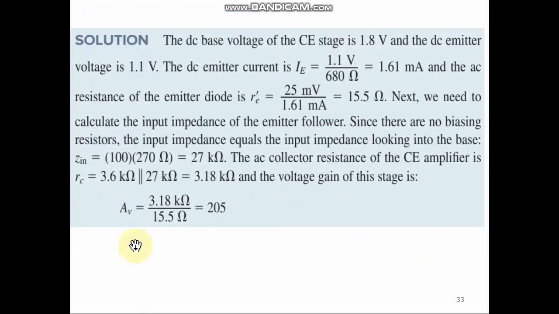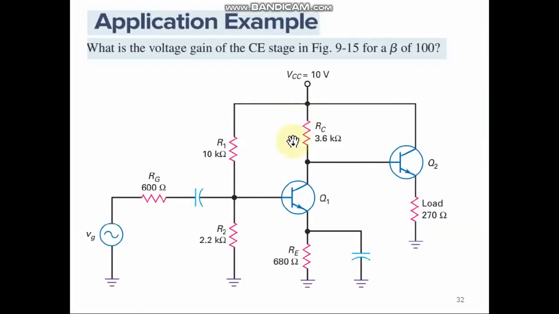Instead of that, we connect a cascade of CE plus CC, so that we can get impedance matching, and this will act as a buffer. Whatever voltage gain is available here will simply pass, because we know when we connect amplifiers in cascade, in series, the voltage gain will be multiplied.